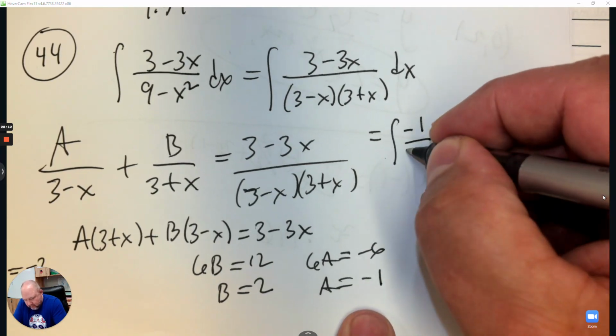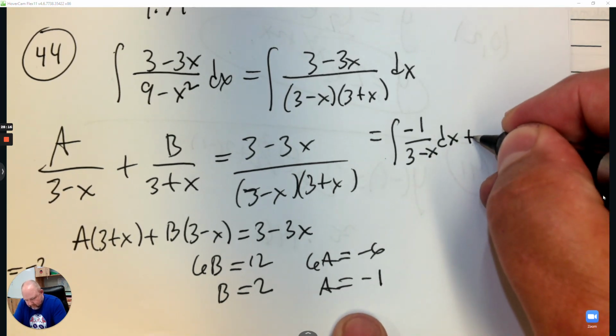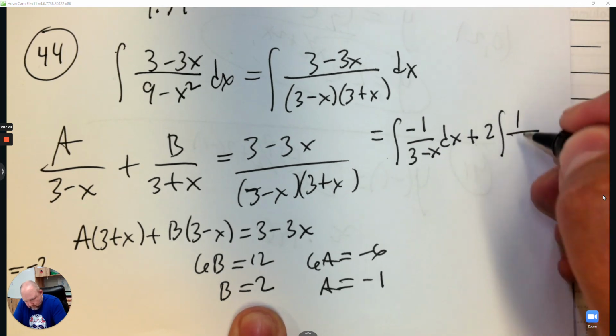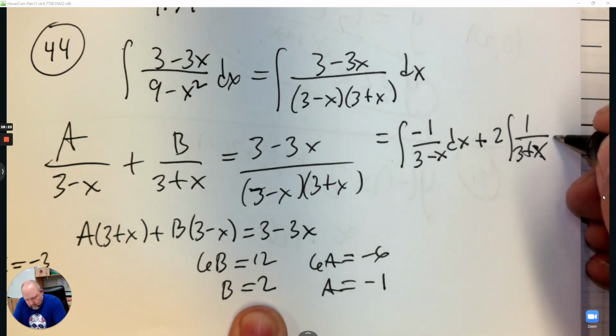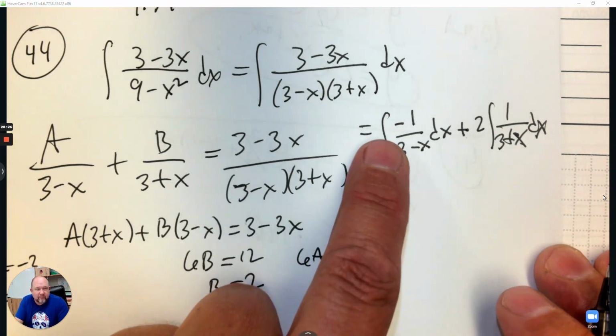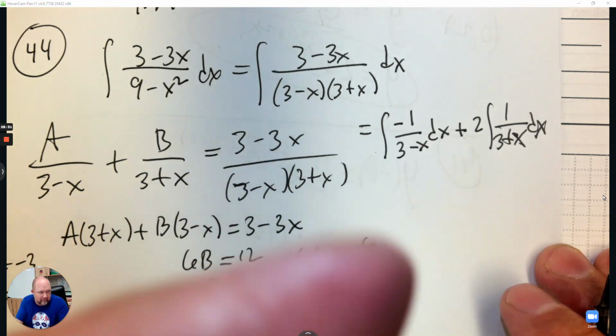That's negative 1 over 3 minus x. Now b is 2 over 3 plus x. And the reason I didn't put the negative 1 in front, the derivative of negative x is negative 1, so it matches.